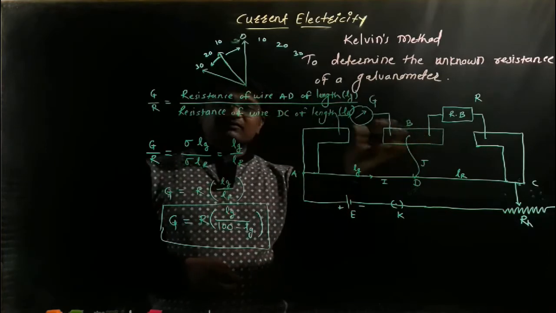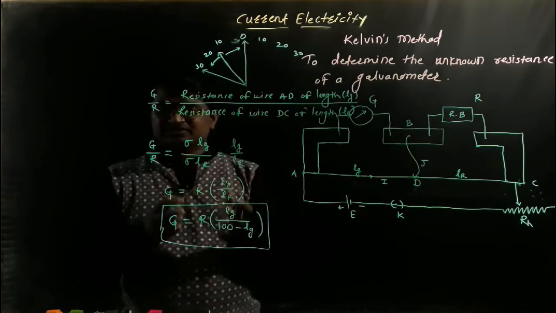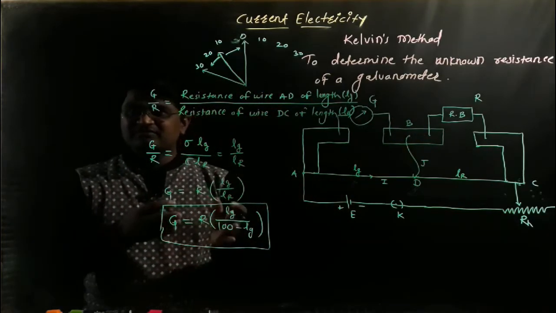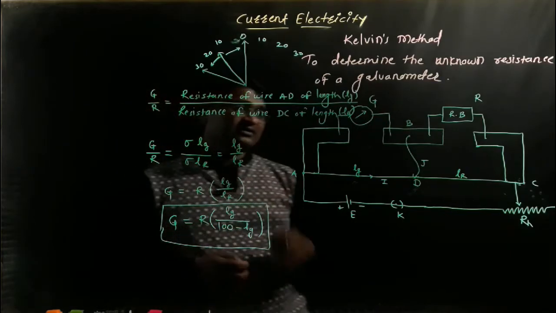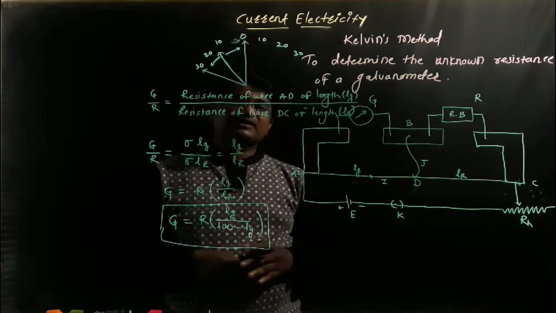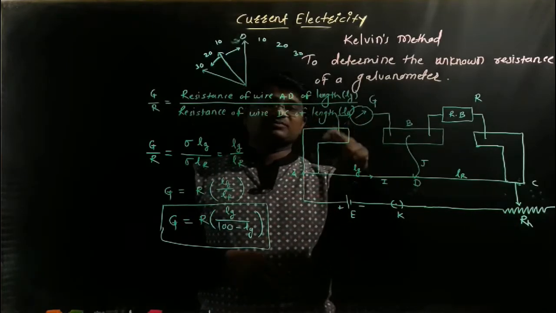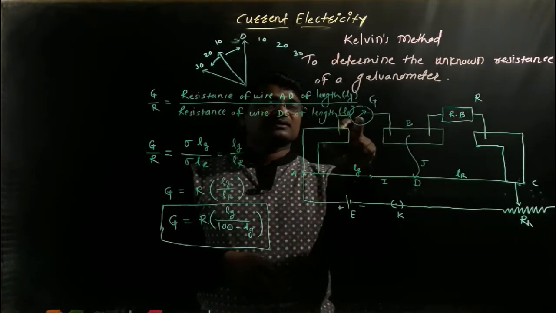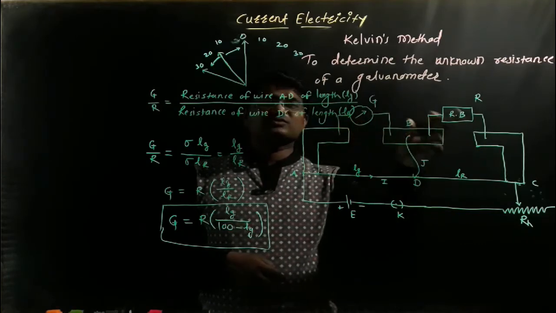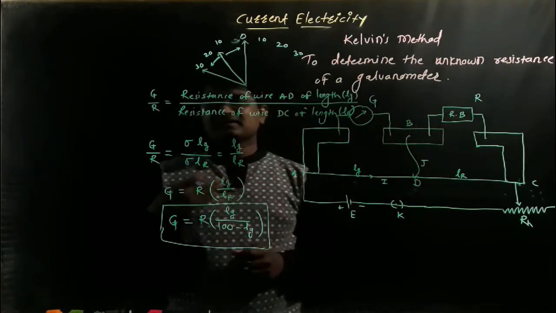So we take only one reading, and with the help of this we find the value of G mathematically. But to find the accurate resistance, we reverse the process: we interchange the positions of the galvanometer and resistance box and take the same readings.